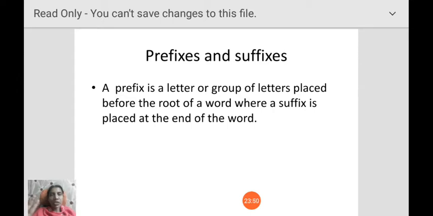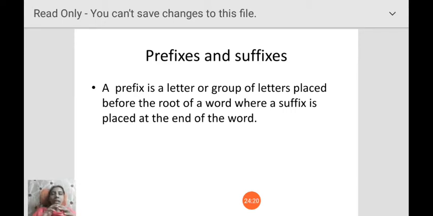If you put a letter or a group of letters before the word, we call it prefix. Whereas if you put a letter or a group of letters at the end of the word, we call it suffix. Prefix means at the beginning, suffix means at the end of the root word. That you need to remember.